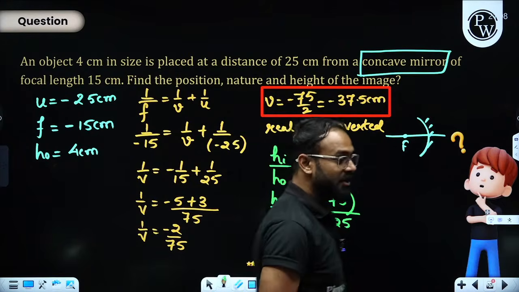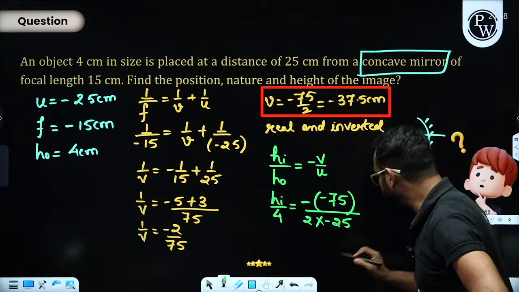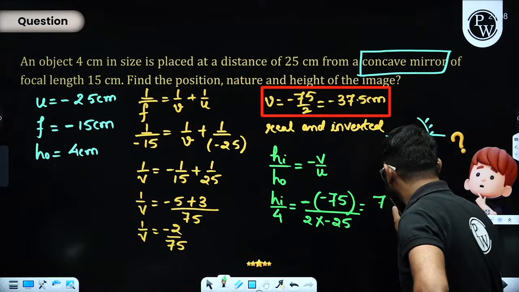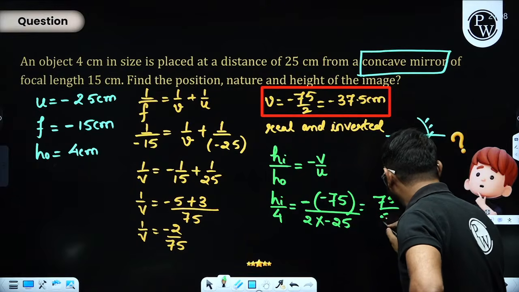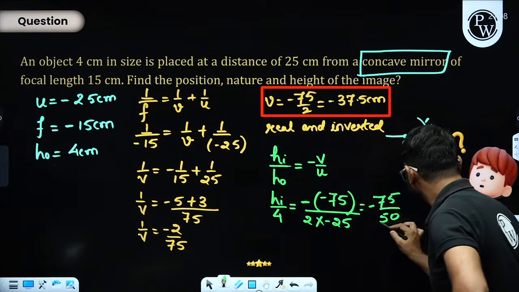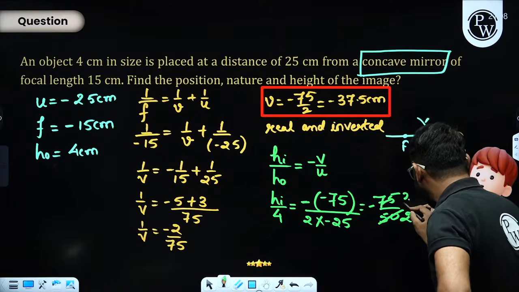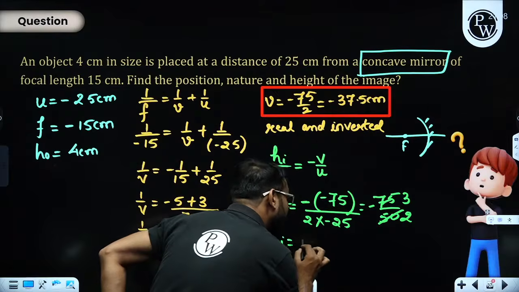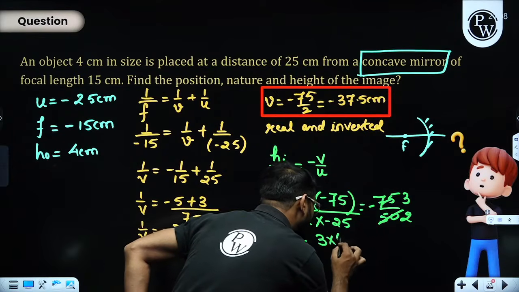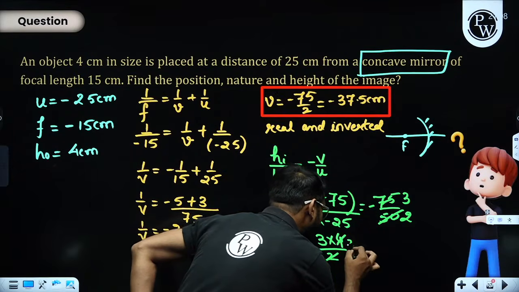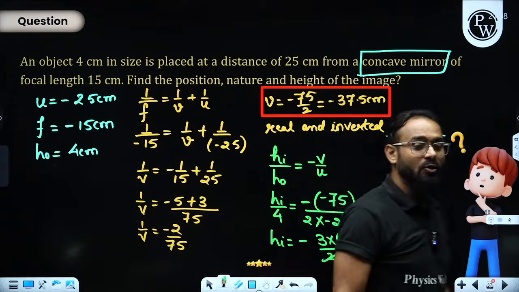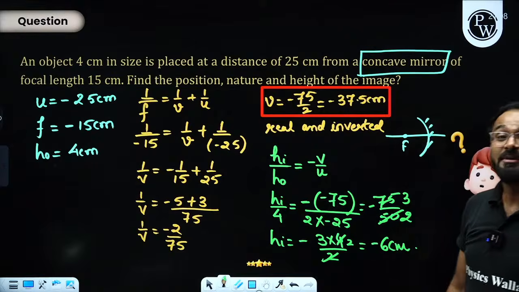Yes or no? From here, it is going to be positive. So this will be 75 divided by 50 with a negative sign. That is going to be minus 3 by 2. Height of image will be minus 3 times 4 by 2. On cancelling, you will be getting minus 6 centimeter.